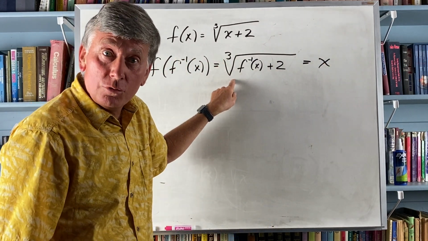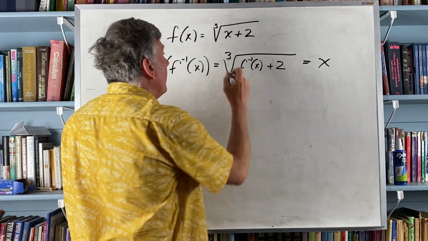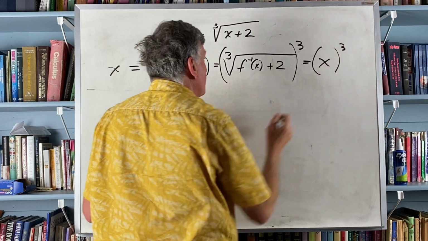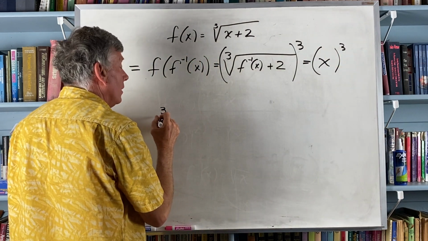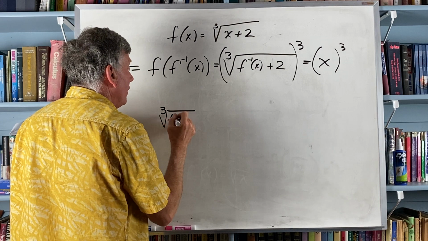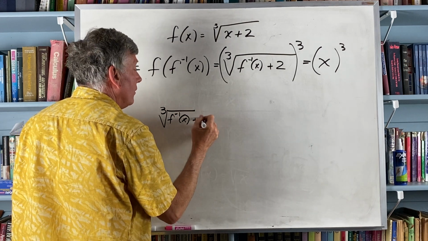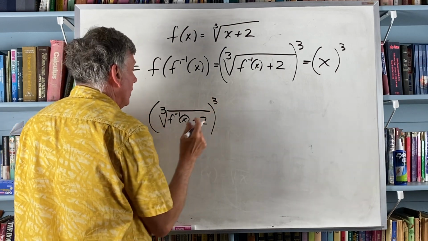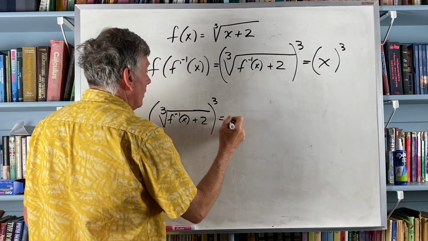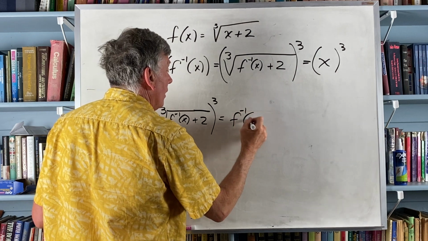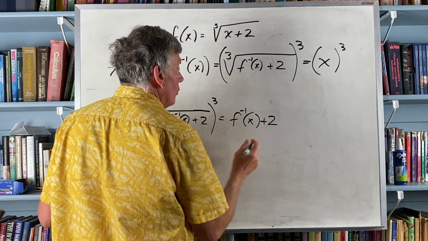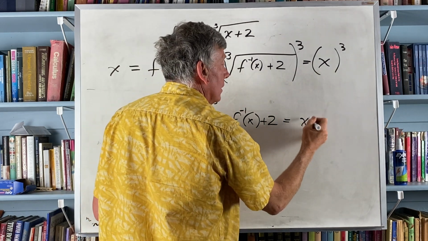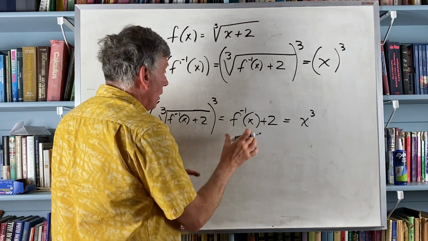That, we know, is equal to x. Let's get rid of this cube root sign by cubing everything. So the cube root of f inverse of x plus 2, make sure my line goes across far enough, cubed, that gets rid of the cube root. That becomes f inverse of x plus 2 is equal to x cubed. I'm almost done.